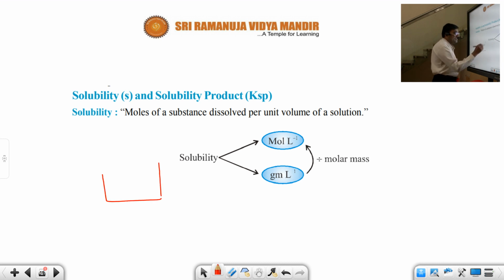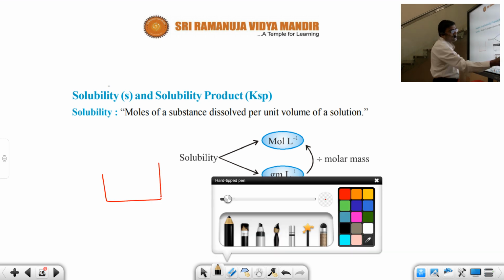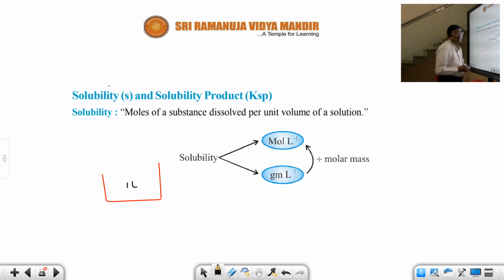Take 1 liter of solution and go on adding your salt. It becomes soluble, soluble, soluble. Just when the precipitation starts, that is called solubility. To the extent the precipitation starts, that is called solubility.